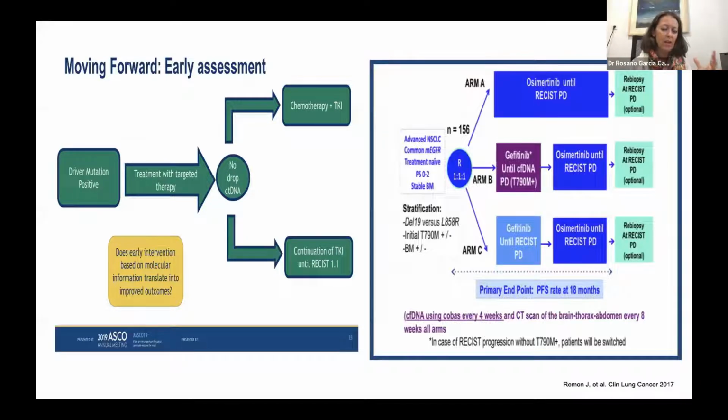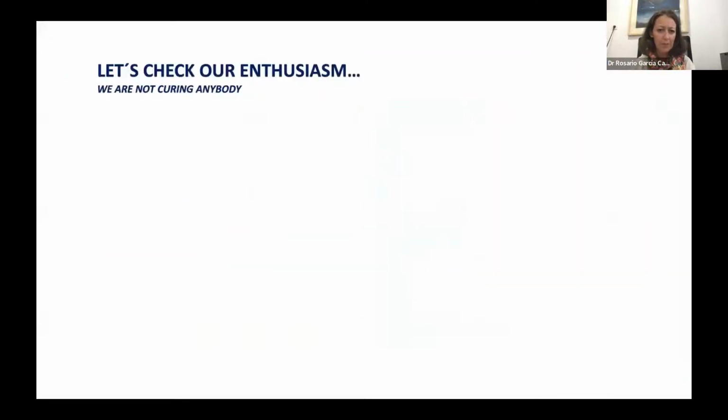The APPLE trial we have finished here in Spain and also in the EORTC group is trying also to see how useful ctDNA can be in offering different therapeutic proposals, or how it can be integrated in our daily clinical practice to monitor and to make clinical decisions according to ctDNA analysis.